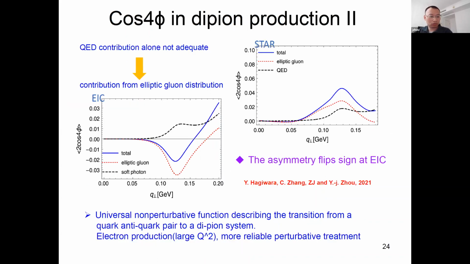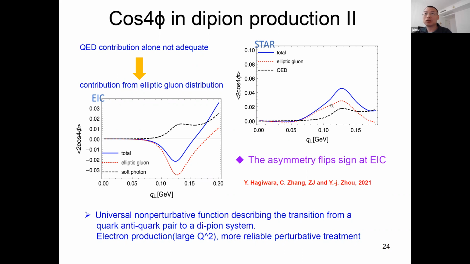Now we made some numeric estimates here. Note that the final state soft photon radiation can also give rise to a cosine 4 phi asymmetry. In the upper right plot, we show the asymmetry for dipions produced in UPCs from different sources here. One can see that the QED contribution alone is not adequate to describe the STAR data.